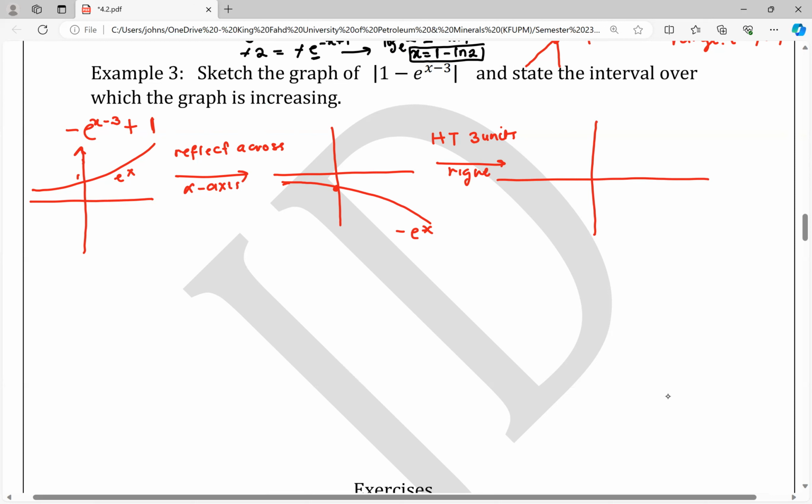Moving to the right. So here is 0, minus 1. If you move it to the right by 3 units, it means it's going to be somewhere here. And what will that be? That will be 3 and minus 1. So this is how it will cut. So we are here. Then we will have something like this.